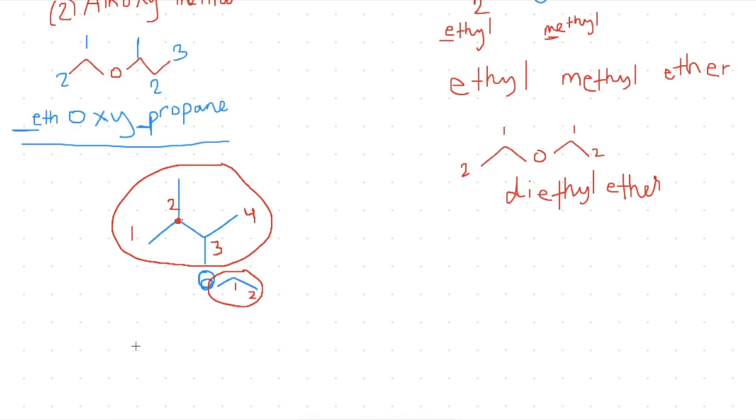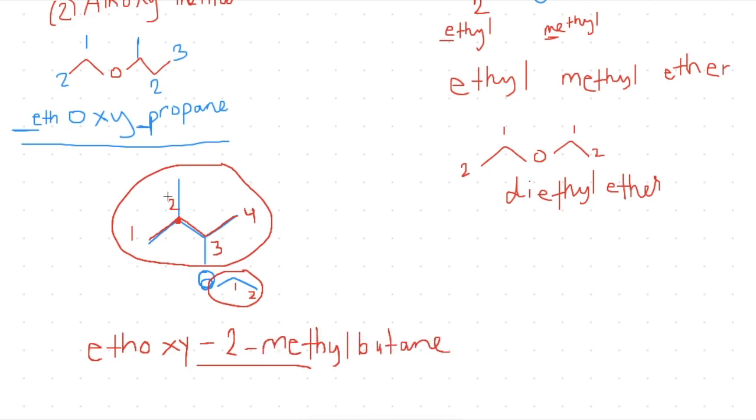This side is obviously the shorter side, so we put eth with an oxy next to it, just like we did earlier. And the rest of the chain, the longer side, is going to be named as an alkane. Well, this alkane is a 4-carbon chain with a methyl coming out of it. So this is named as 2-methylbutane because it's 4 carbons and there's a methyl on the 2.